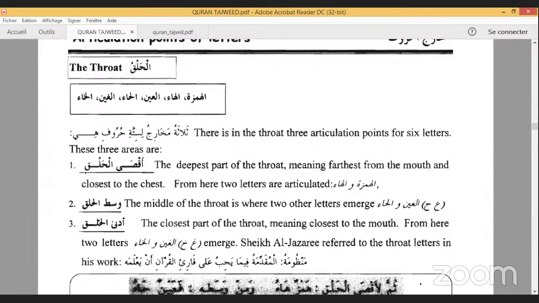From here, two letters are articulated, which are Hamza and Ha. If you say ah, you find that the sound comes from the deepest part of the throat. Okay, that's good.